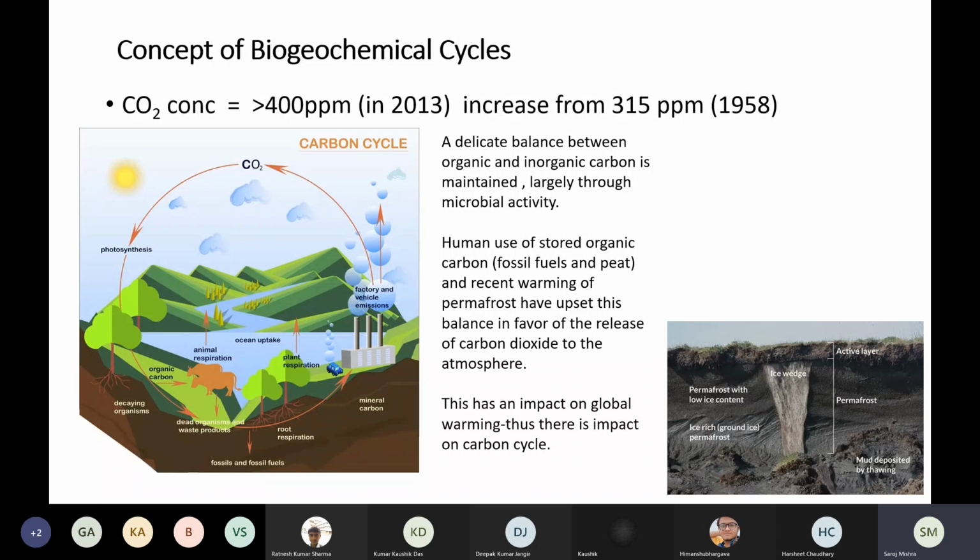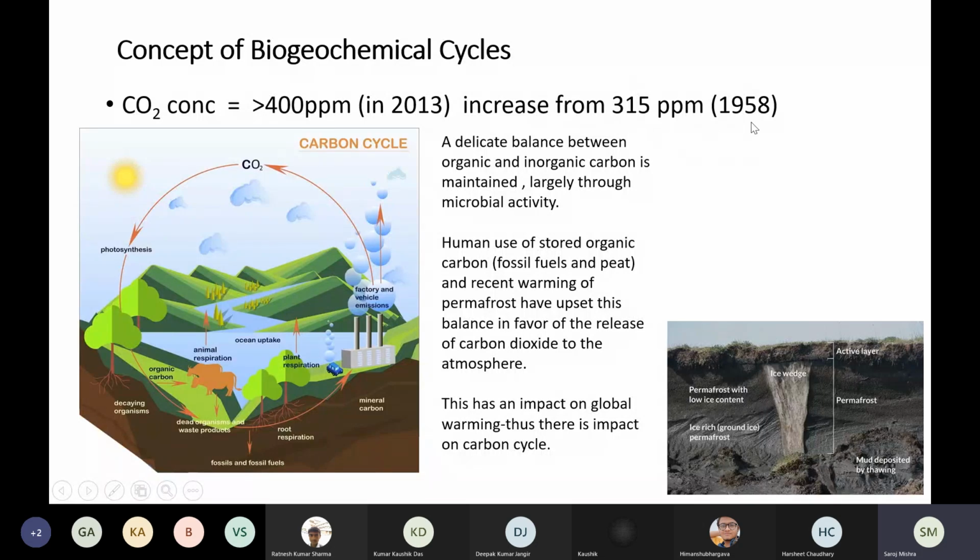Take, for example, carbon dioxide, which is present in the form of CO2. What we have found over the years is that the concentration of carbon dioxide in the environment has risen from 315 ppm, which was measured in 1958.